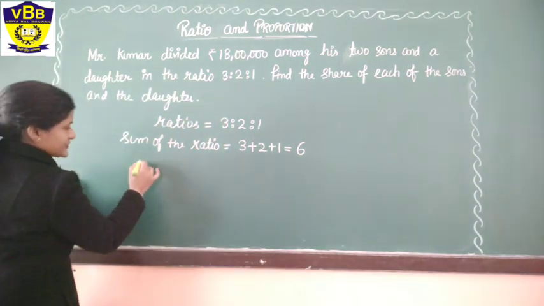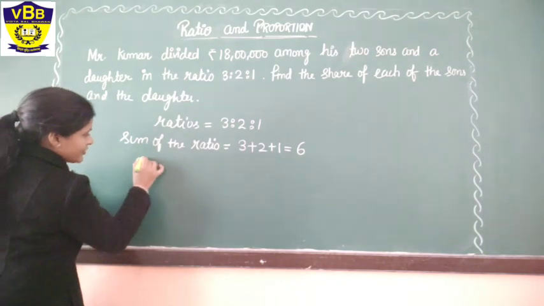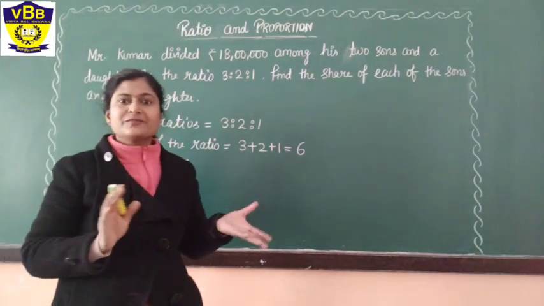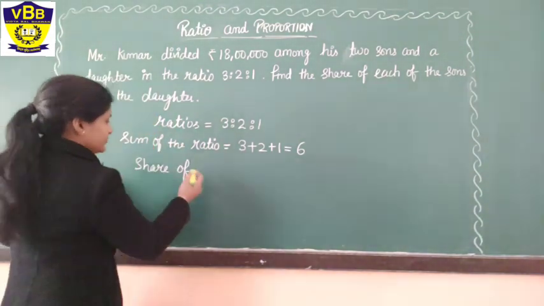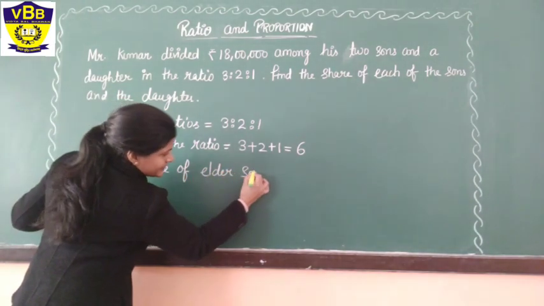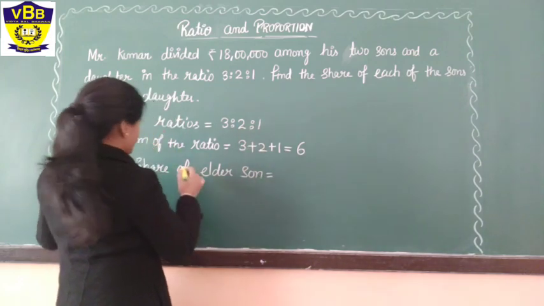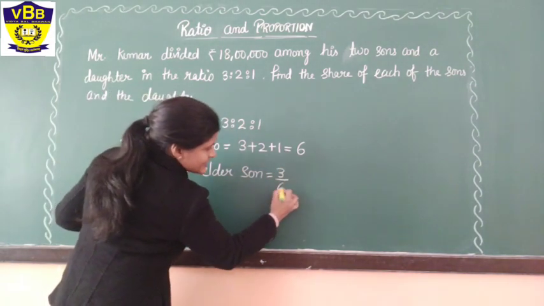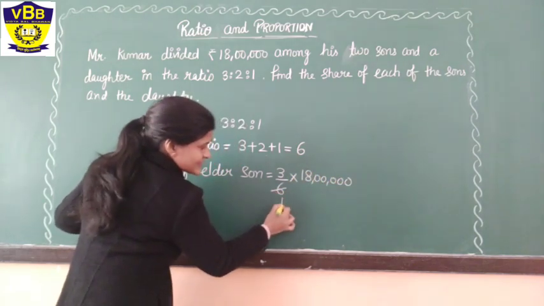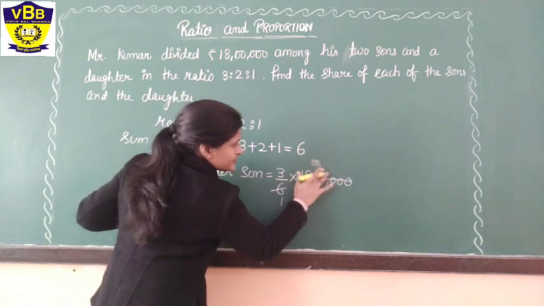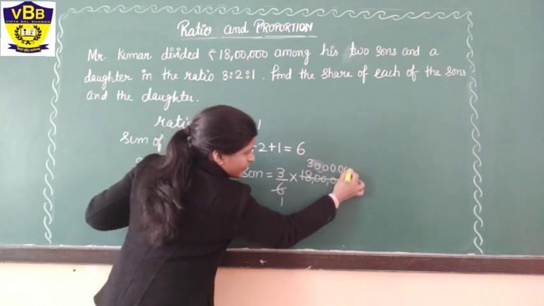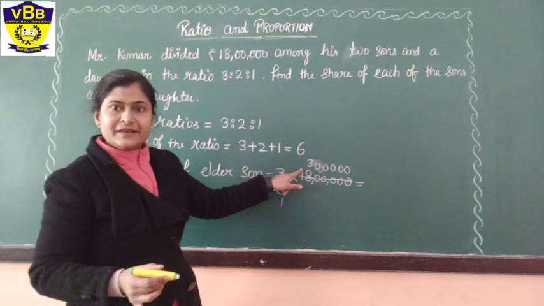So, if we consider there are 2 sons, one is elder, the other one is younger, the share of the elder son will be 3/6 into 18 lakh. 6 threes are 18, 3 threes are 9.